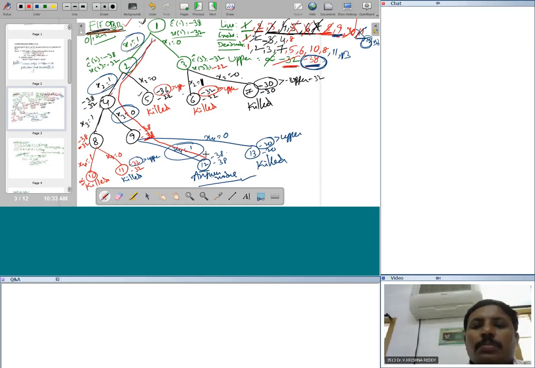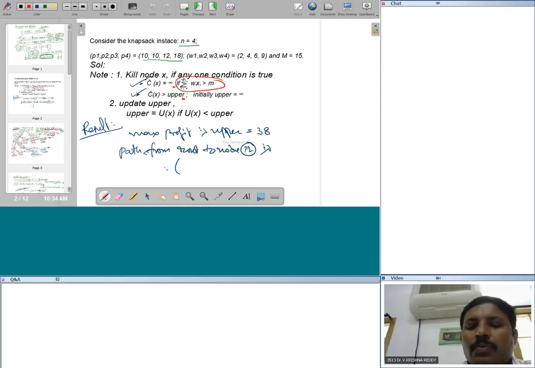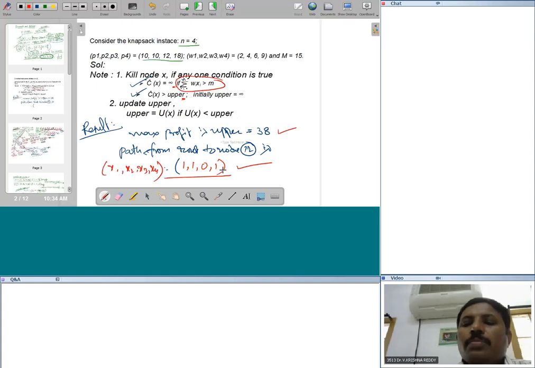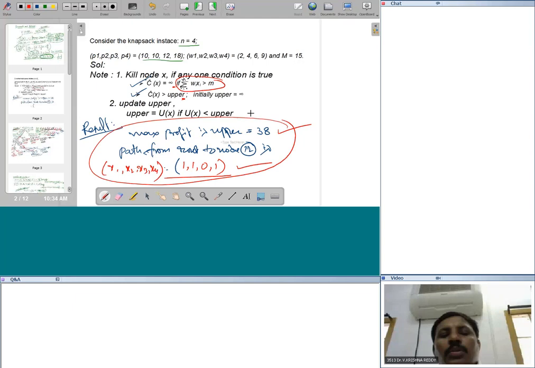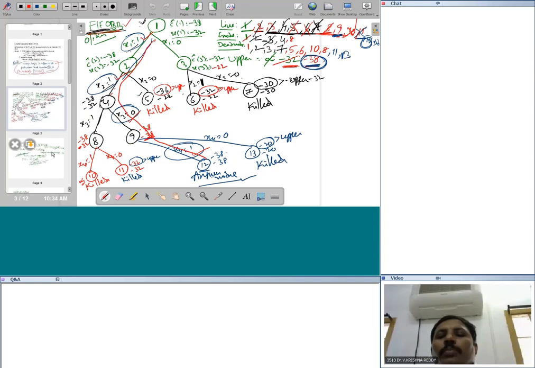So what is the object selection? First object is 1, second object is 1, third object is 0, fourth object is 1. Means 1, 1, 0, 1. So the path we represent is 1, 1, 0, 1 for objects x1, x2, x3, x4. This is the object selection, and this is the profit value. This is the announcement of the result for the given problem using FIFO branch and bound.